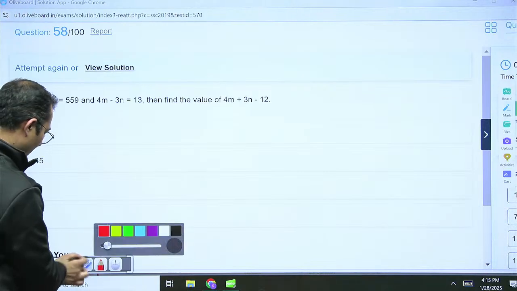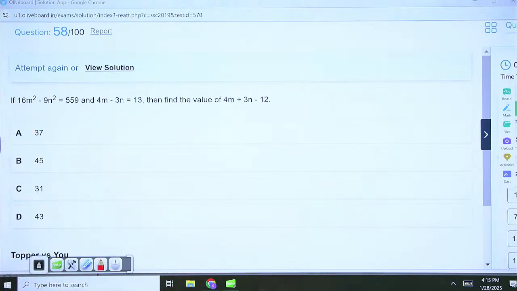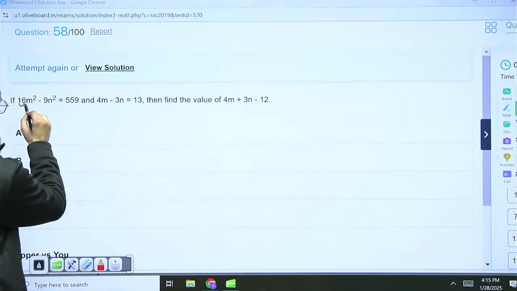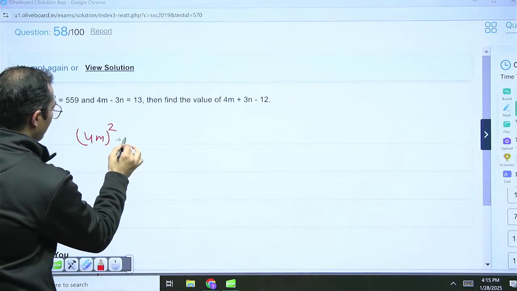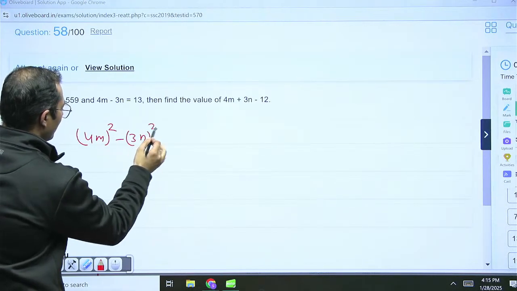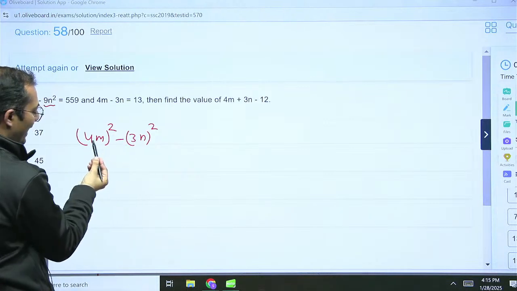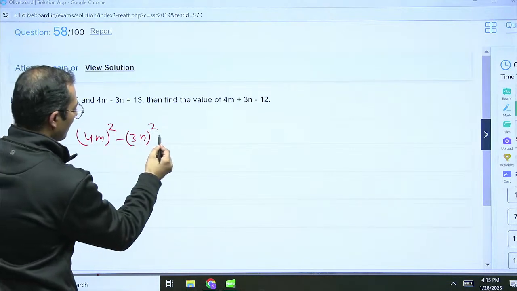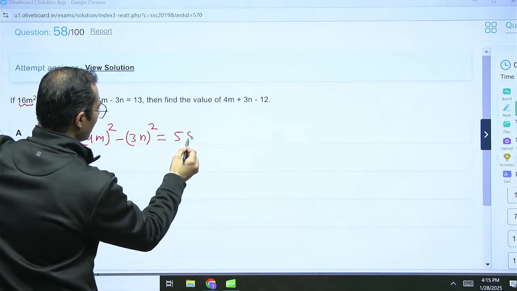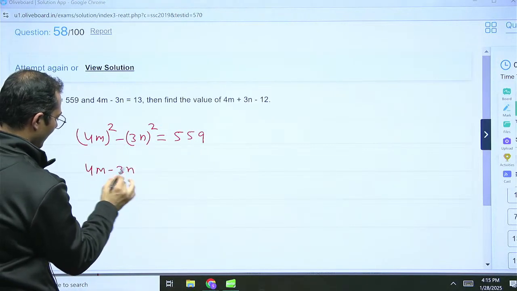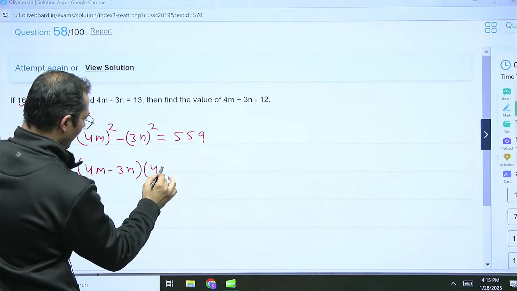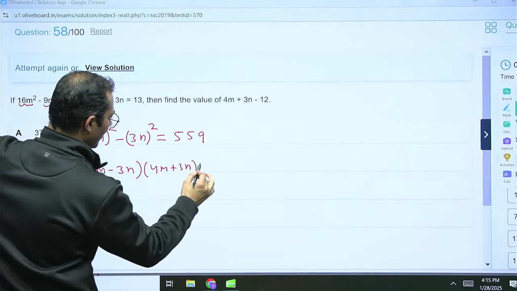See, this belongs to algebra part, right? So we must know that we can write it as 4m square minus 3n square, right? So a square, b square, x square minus y square. So we know the formula. So we can write it as 4m minus 3n and 4m plus 3n clearly.